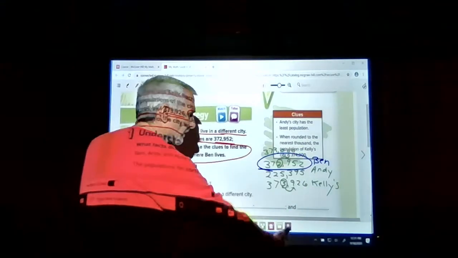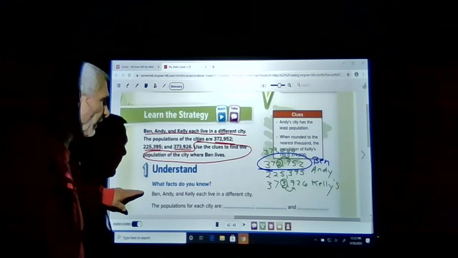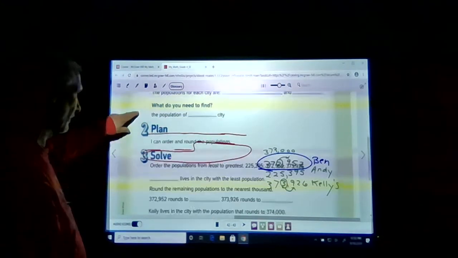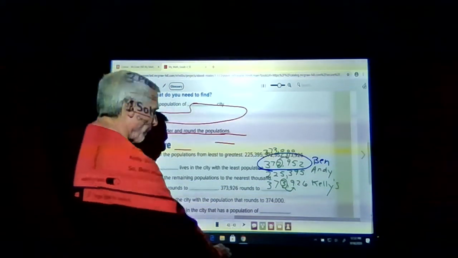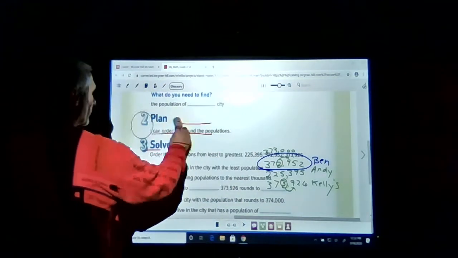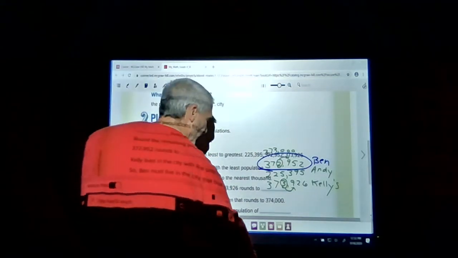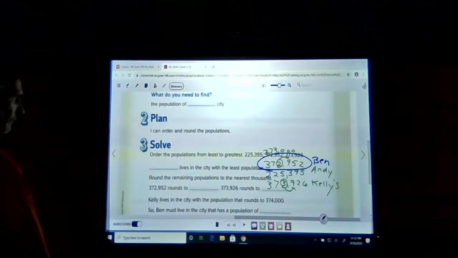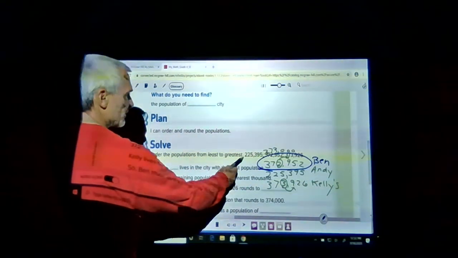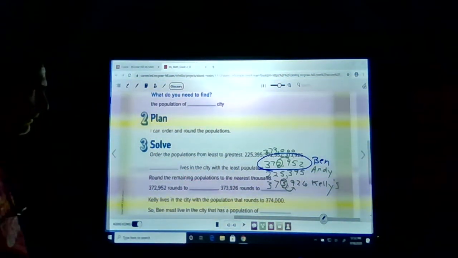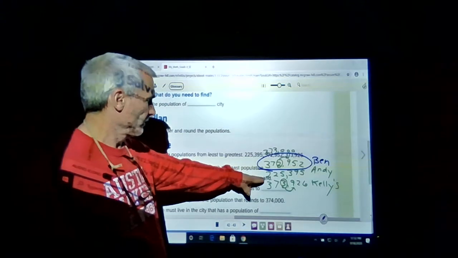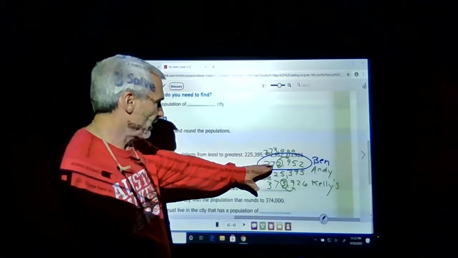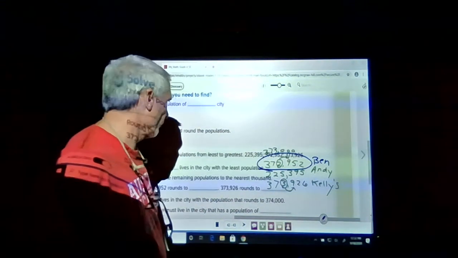And I like to write it on scratch paper up and down. All right. We made our plan. Erase this. And it says order them from least to greatest. Well, we didn't do that, but we still found the answer, and they did it for you.